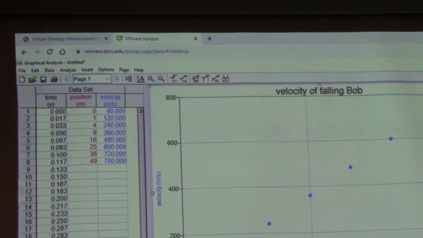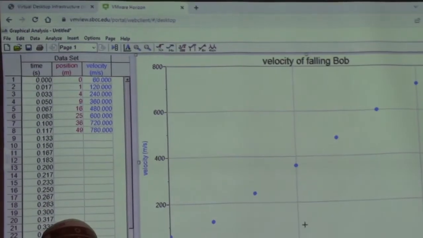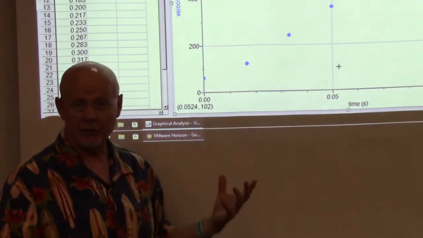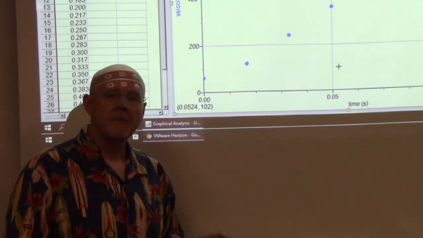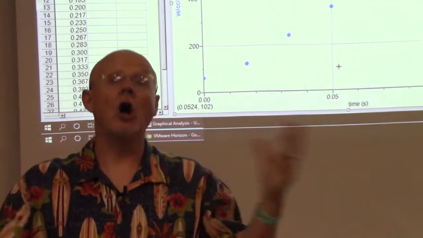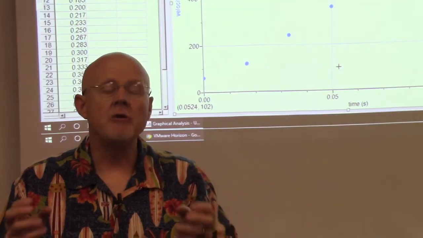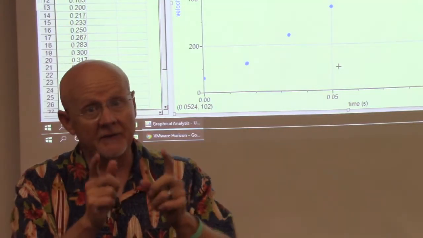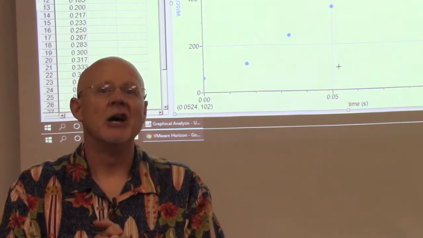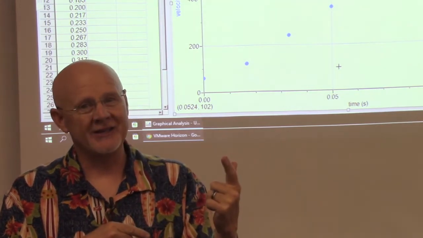I want to curve fit it, but not all the data. See, remember the first one and the last one I don't trust? So everything I've shown you so far, when we've done a curve fit, it's been curve fitting all the data. If you only want to curve fit some of the data, you need to select that data before you go over to the curve fit.